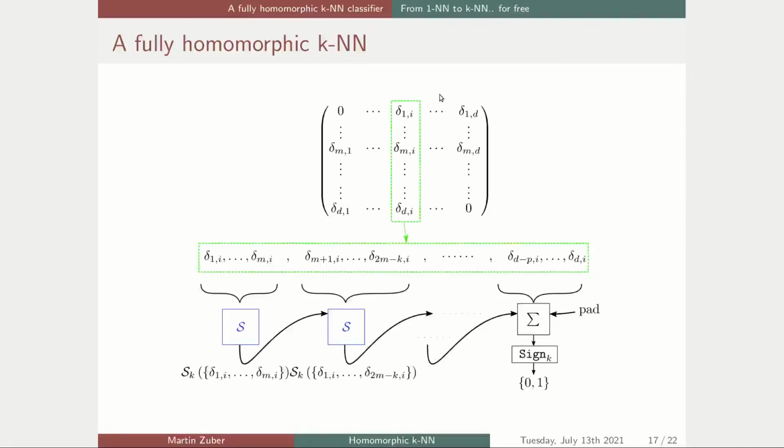And then, just as before, we're going to iterate this scoring operation on fixed sized groups in order to make our computation fully homomorphic. And this will actually give us the correct result, which is going to be either a 0 or a 1 for every column. 0 if it's not among the k smallest distances, and 1 if it is.